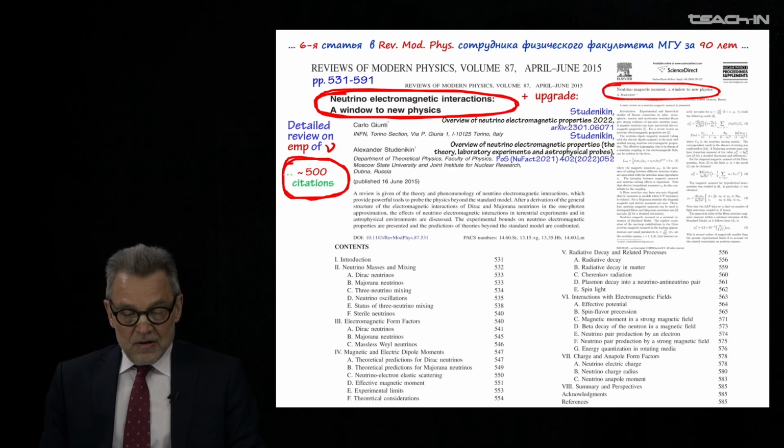So, once again, I would like to draw your attention to our review paper that we published together with my colleague from Torino, Carlo Giunti, a couple of years ago in the Reviews of Modern Physics with the title Neutrino Electromagnetic Interactions, A Window to New Physics. Most of the facts that we are discussing in some detail in our lectures are at least touched on in this paper.